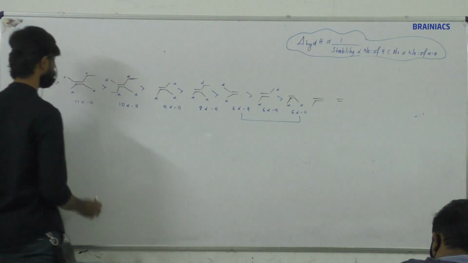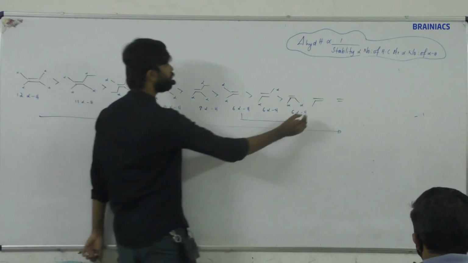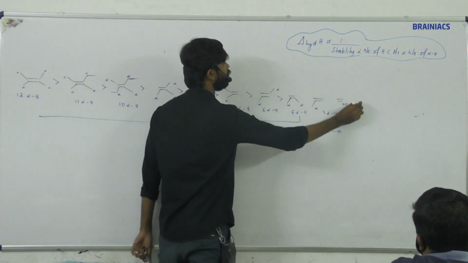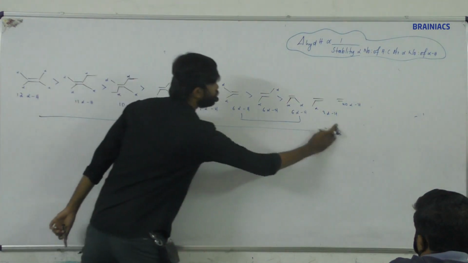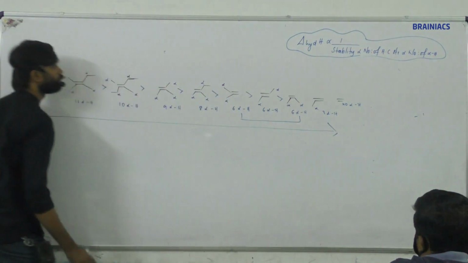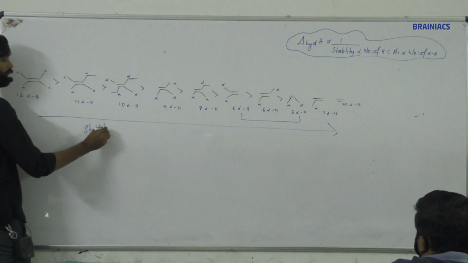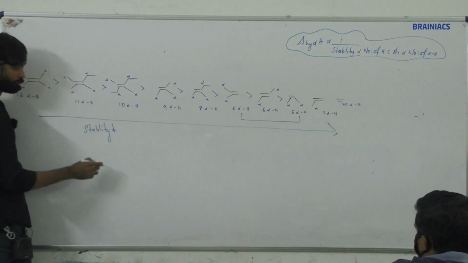Okay, what is this one? What about here? Alpha 3. So from left to right, what happens? Stability decreases. If you are asked to arrange in stability, you can consider this.